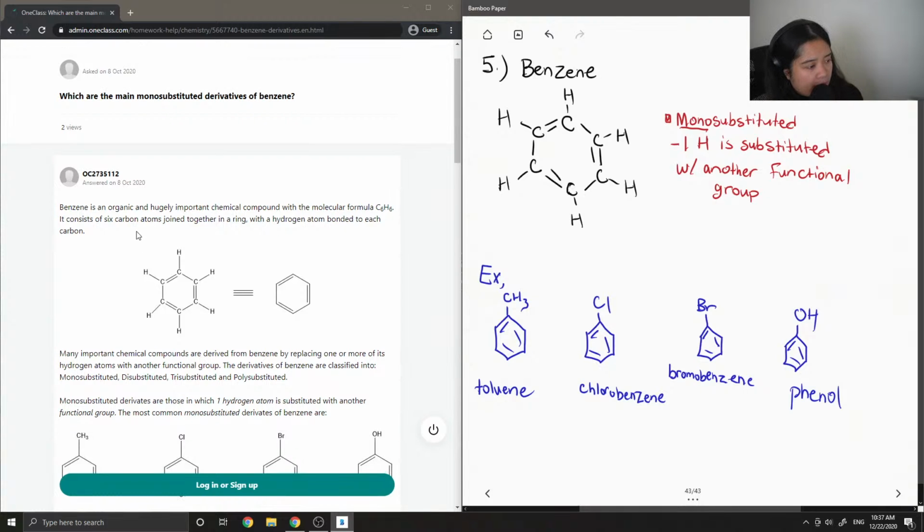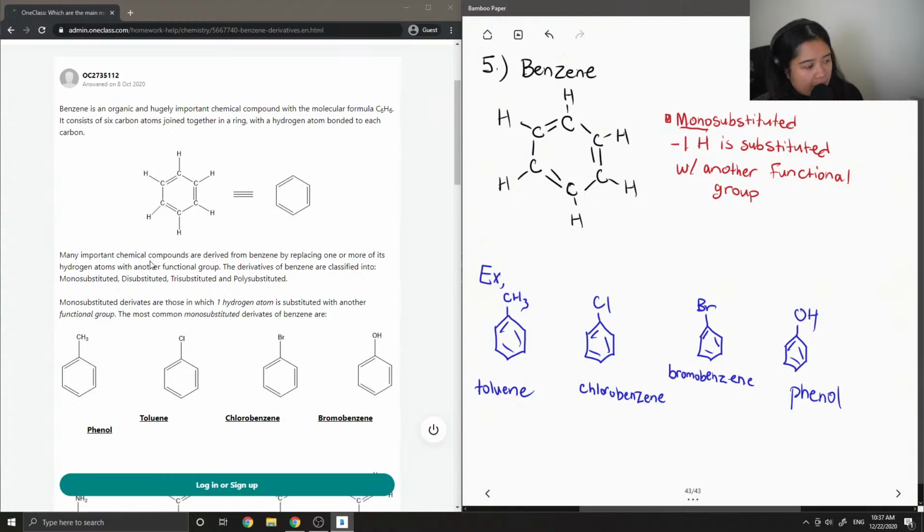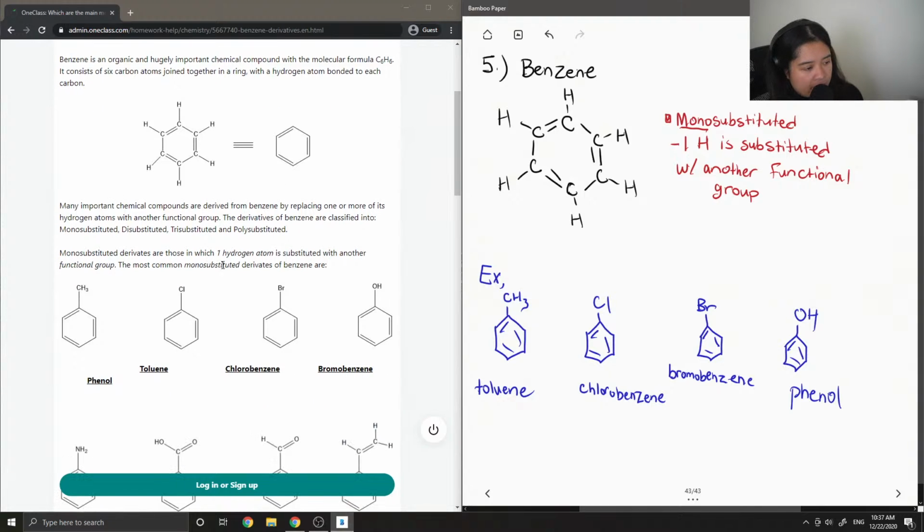Benzene is an organic and hugely important chemical compound with the molecular formula C6H6. It consists of 6 carbon atoms joined together in a ring with a hydrogen atom bonded to each carbon. Many important chemical compounds are derived from benzene by replacing one or more of its hydrogen atoms with another functional group.